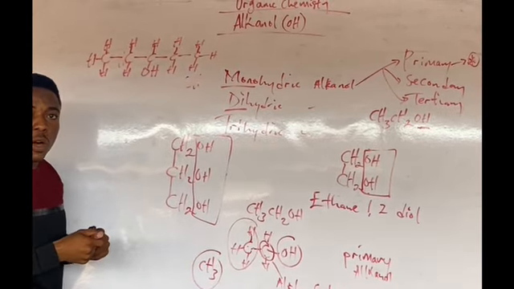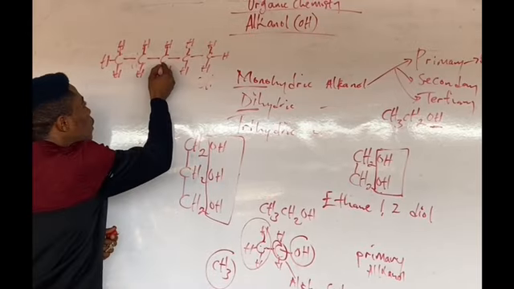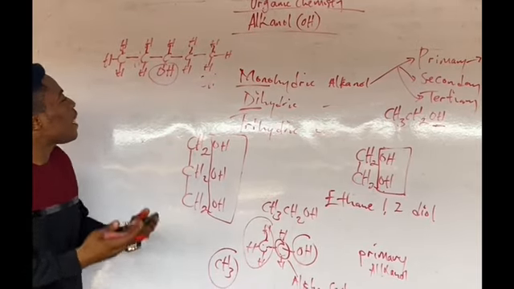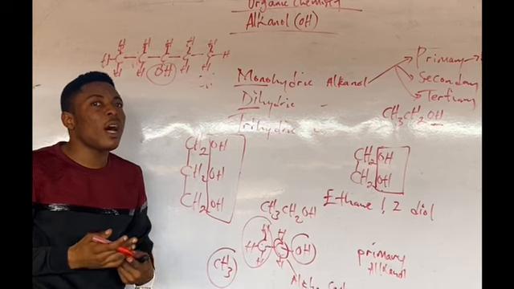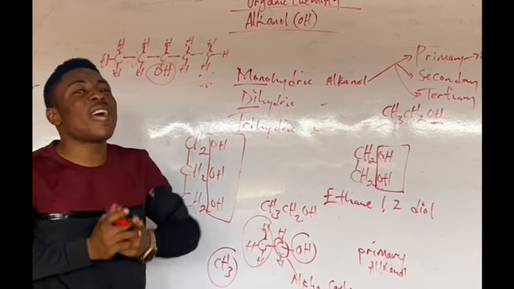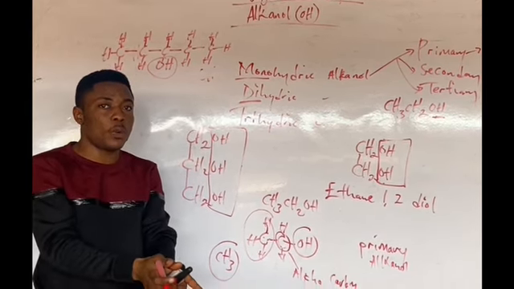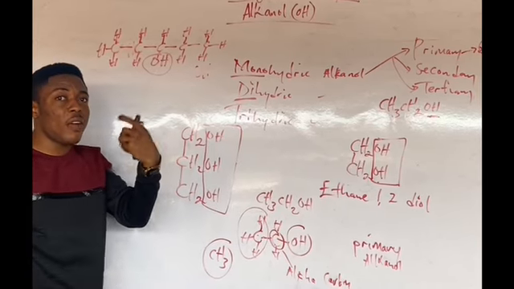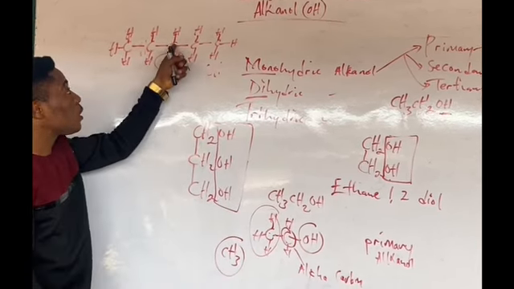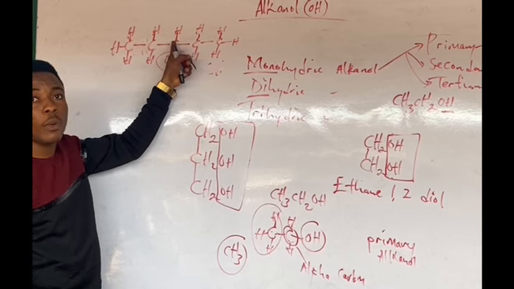Where is the functional group? The hydroxy group. Of course, this is the hydroxy group. Now, what did I say concerning alpha carbon? An alpha carbon is that carbon that has direct link with the functional group. Now, which carbon atom has direct link with the functional group? It is this carbon atom. So this is the alpha carbon.